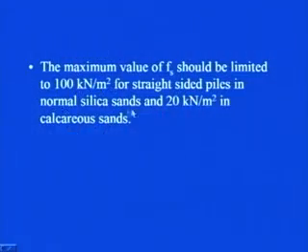If the unit skin friction resistance exceeds these values, say 100 kilonewton per meter square for normal silica sands, then you have to restrict that to 100 kilonewton per meter square. This is the maximum value that you can take as far as the values of Fs is concerned.